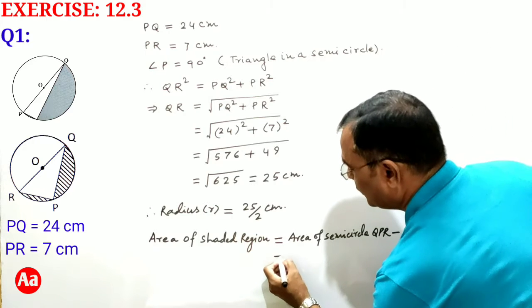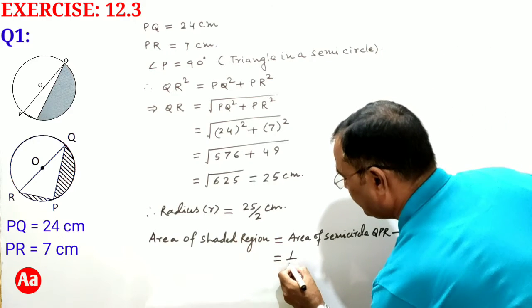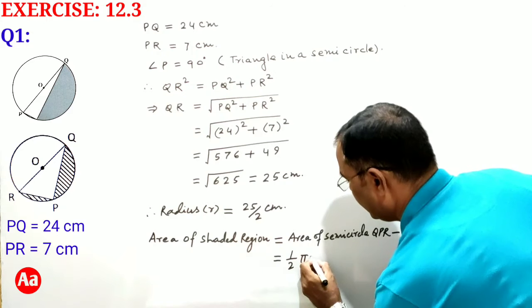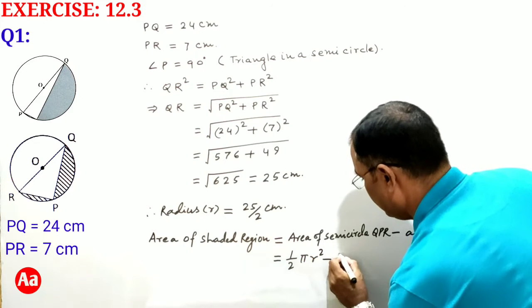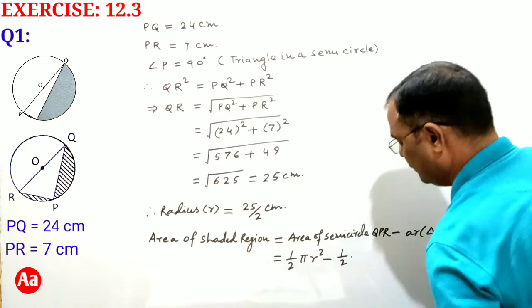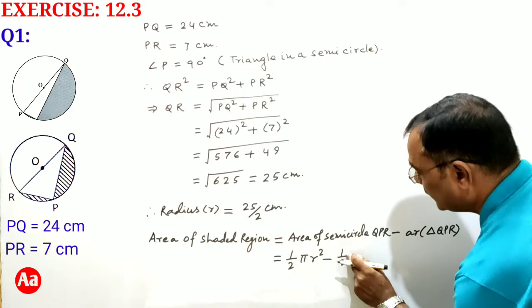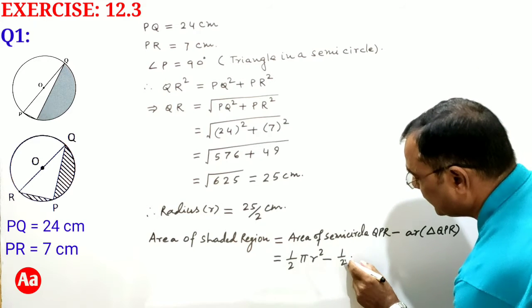This is equal to half into pi r square minus half into base into height.